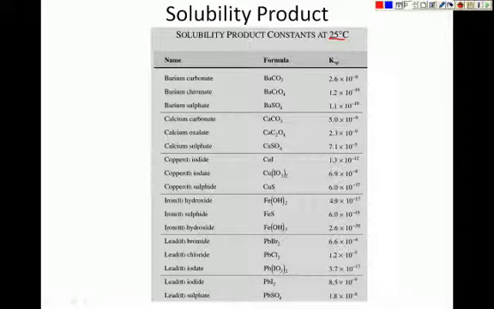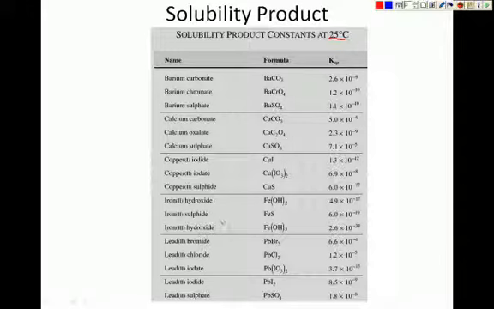We can even look up the one we just studied, barium sulfate, BaSO4, which has a KSP value of 1.1 times 10 to the minus 10. If I had this number and I know the concentration of barium in a solution, I can find the concentration of sulfate by using this number.